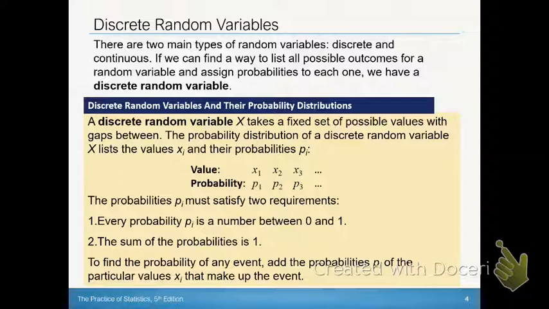A couple of things to keep in mind is that all of the individual probabilities, which are these values in the second row of your table, they all individually have to be somewhere between 0 and 1. And when you add them all up, they all have to add up to 1.